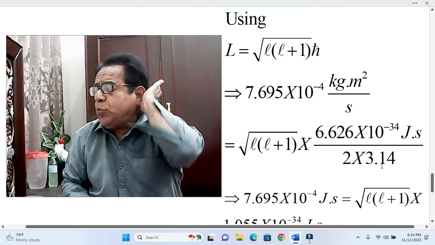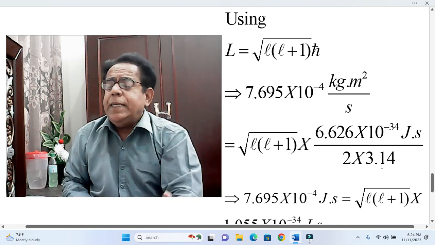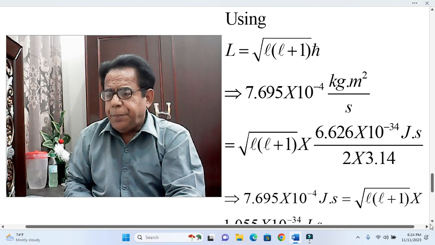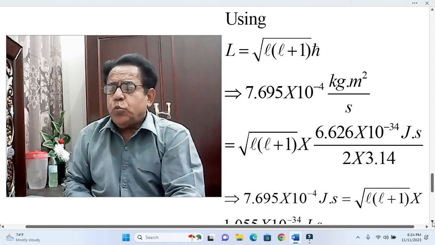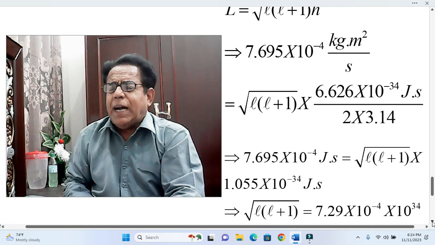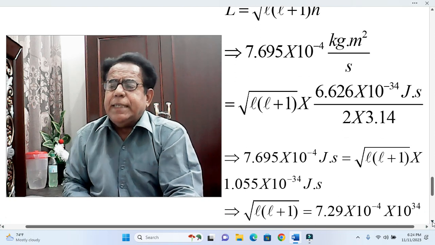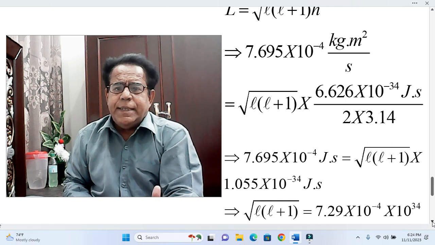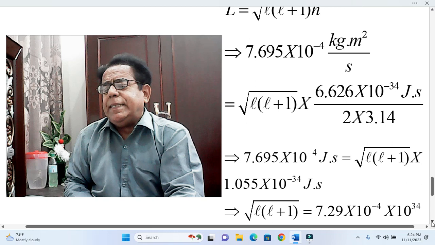Pi, that is to say 22 by 7, is usually taken as 3.14. Its decimal representation is non-terminating, non-repeating, it goes endlessly.